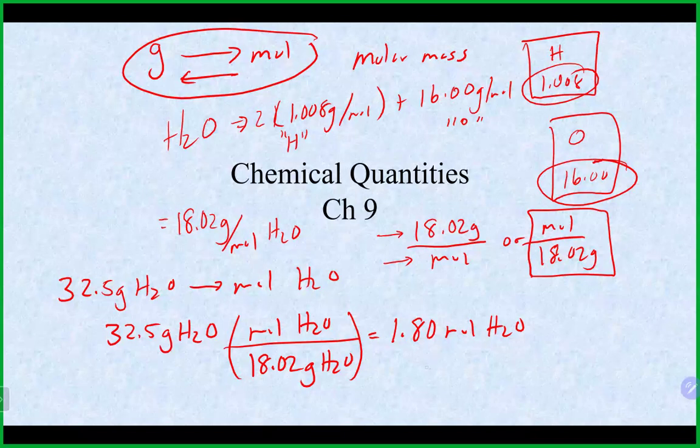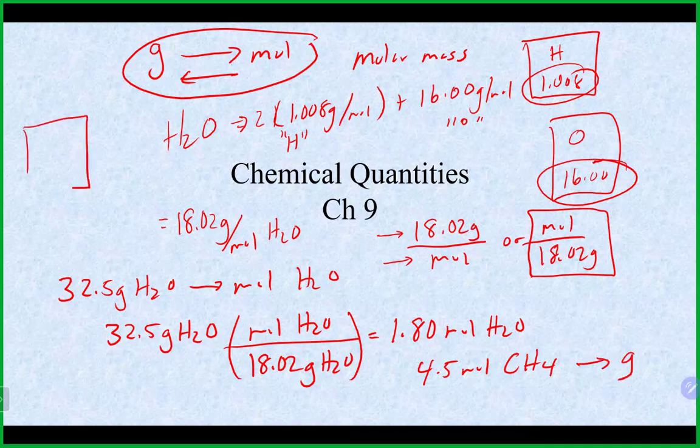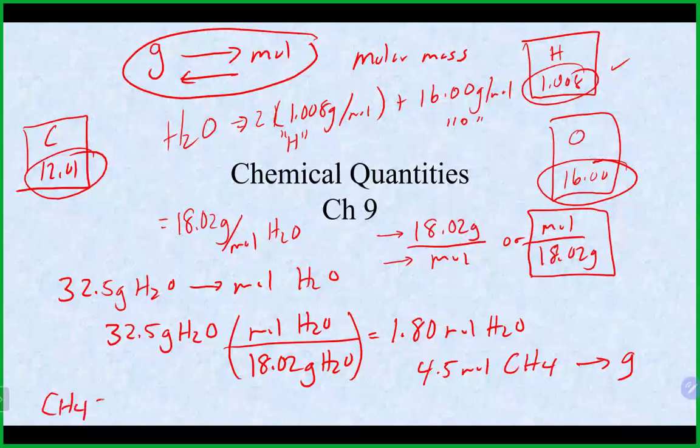If you had, say, 4.5 moles of CH4 and you want to know how many grams that was, again, you would go to the periodic table. You would find carbon, which is 12.01. You would find our hydrogen, which is 1.008. We could calculate the molar mass of CH4 by, again, just adding up the parts.